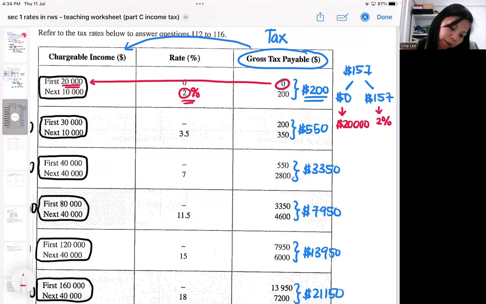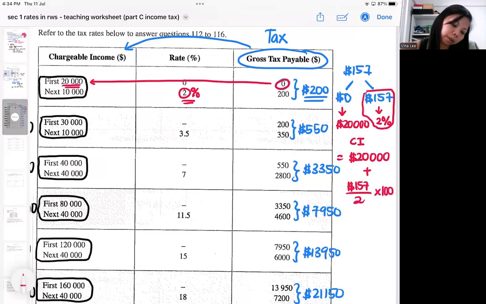It will be the 20,000 from the first basket. And from here, I'm going to work out the second basket. So I'm going to use 157 divided by 2% times 100%. So I'm using the percentage to find the second basket.